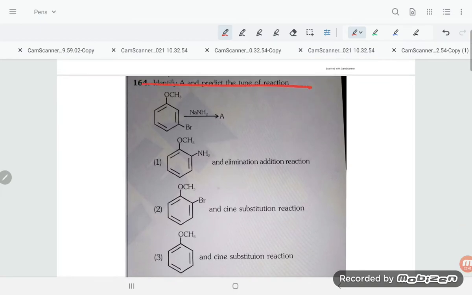Identify A and predict the type of reaction, if it is going to react with NaNH2. What product are we going to get?